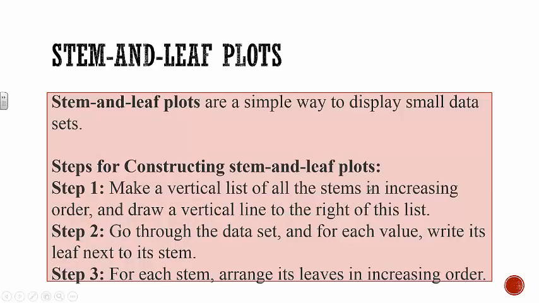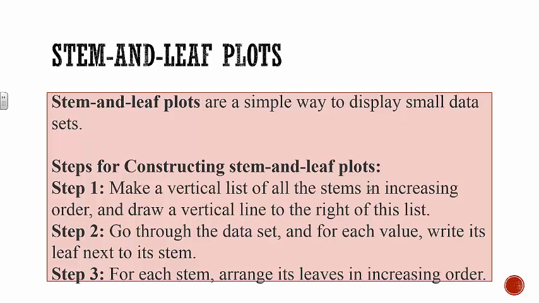All right, another type of graph is our stem and leaf plots. Stem and leaf plots are kind of fun to make. Basically, you're taking your data and separating it out. On the left-hand side of my stem and leaf plot, I'm going to put the stems, and all of my data values go on the right-hand side.